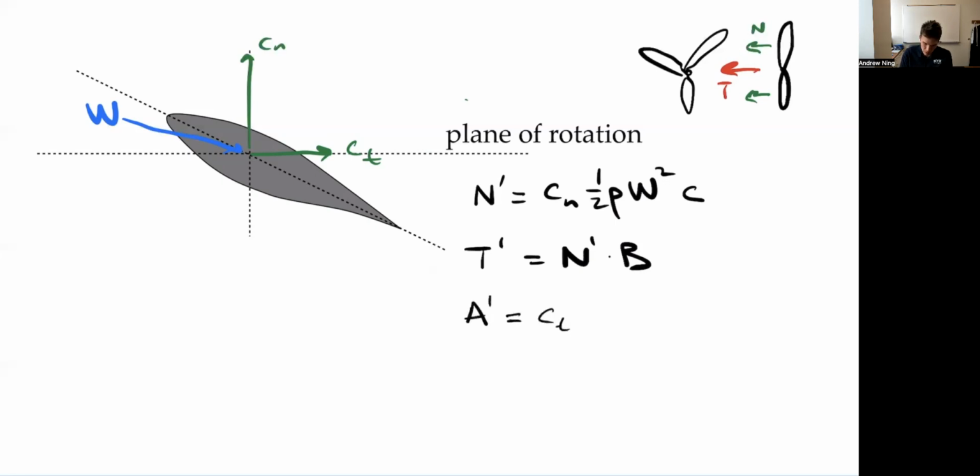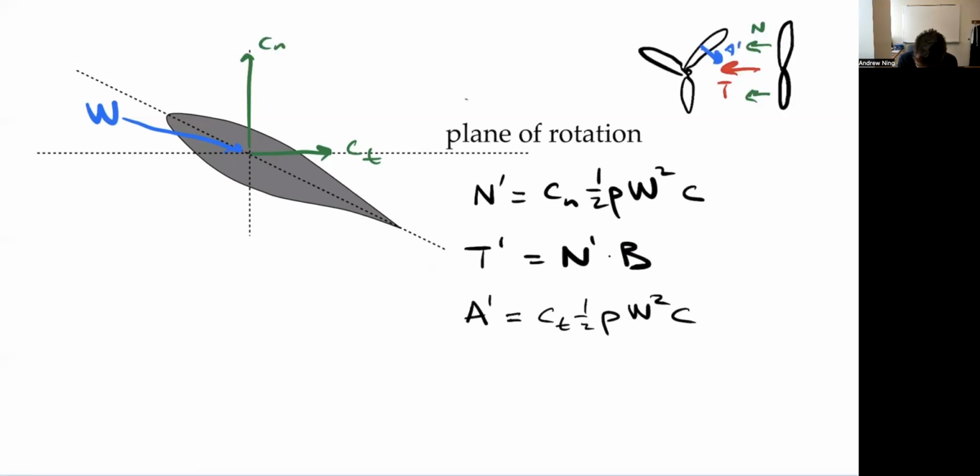It's going to be the same thing. I just have to unnormalize: Ct times 1/2 rho W squared times c. That's this force along this plane of rotation here, right? Okay, so that's the force. And let's look at where it would be. This is along the rotation axis of the blade. So if I was looking at this blade here, for example, it would be in this direction.